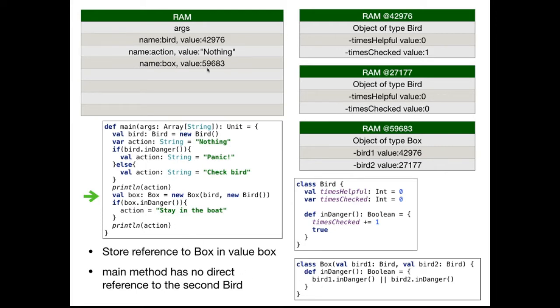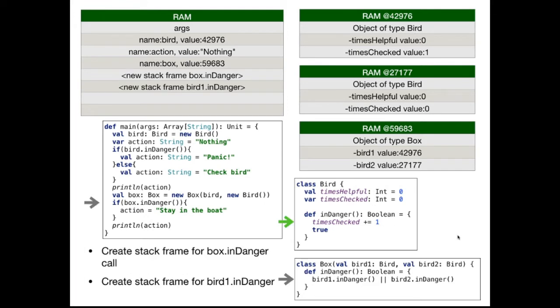All right, so we put box on the stack with that reference to the box somewhere in heap space, and then we move on. Here we have a call. Technically, we have multiple frames on the stack, but we're not going to worry about it too much for this example. Next example, we'll hit a bunch of frames on the stack. But here, we're calling box in danger.